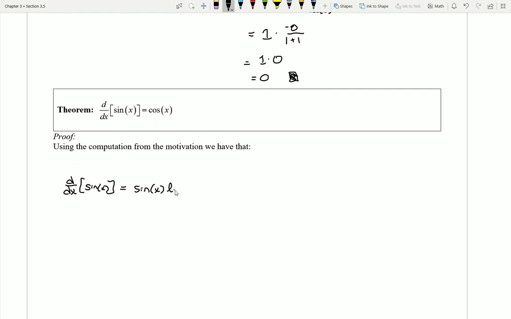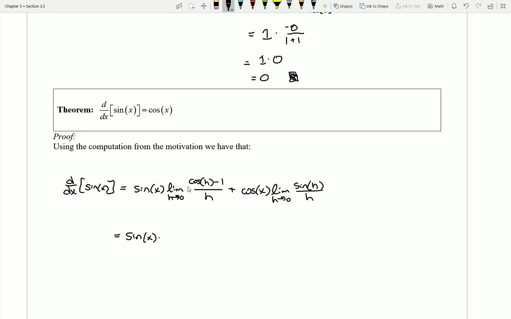We had a sine of x times a limit as h went to 0 of the cosine of h minus 1 over h. And this got added to a cosine of x multiplied by the limit as h goes to 0 of sine of h over h.